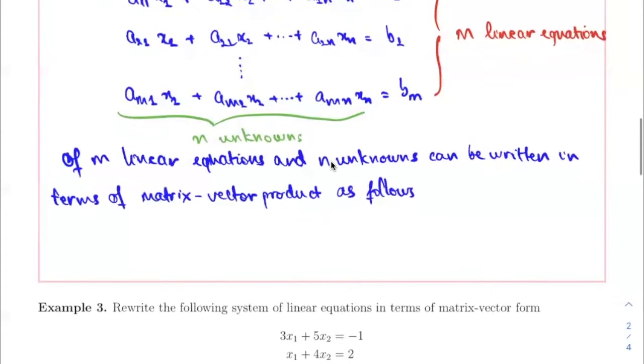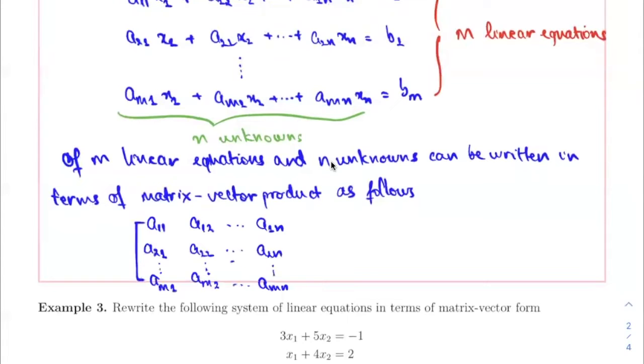Right. So all the coefficients you put in the coefficient matrix: a11, a12 up to a1n. That's the first row. The second row is a21, a22 up to a2n, and so on and so forth up to am1, am2, and amn.